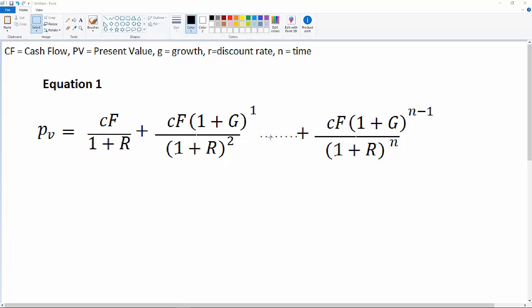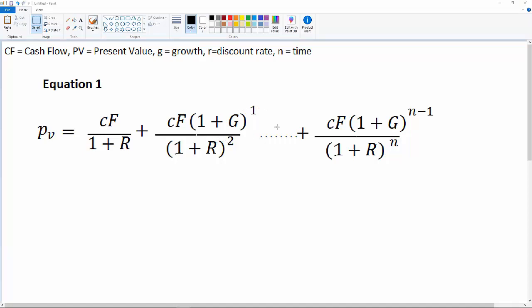And then this ellipsis is just showing that we're going all the way to the last period. We don't know what n is, but let's say n is 10. It's representing a bunch of terms until we reach that point in time where we get to n minus 1 divided by n. What this is symbolizing is that I'm not writing out all the numbers to the power of 2, divided by to the power of 3.